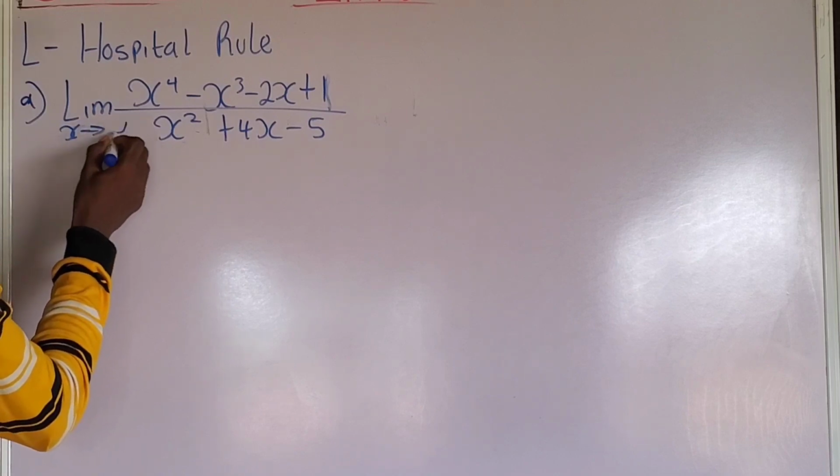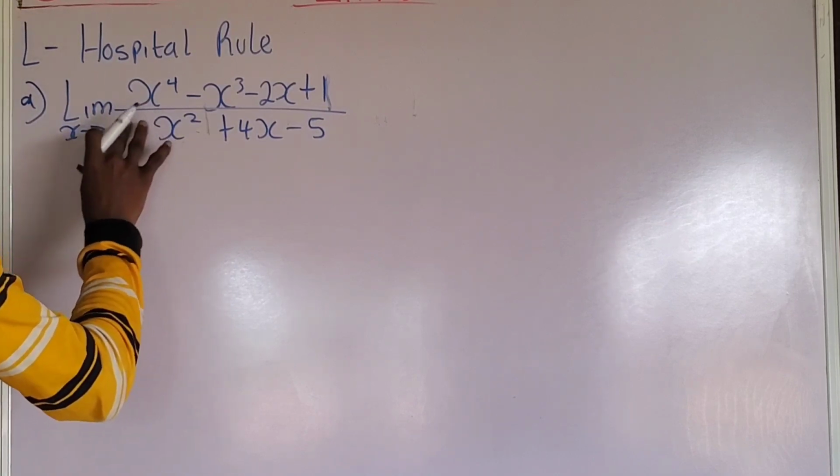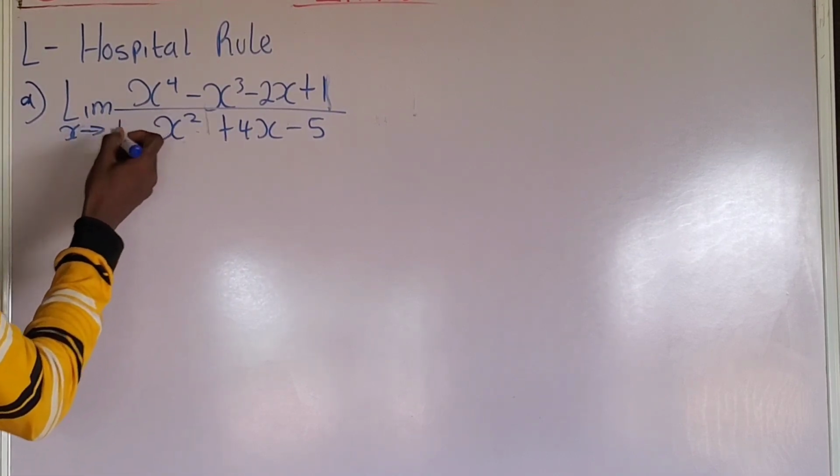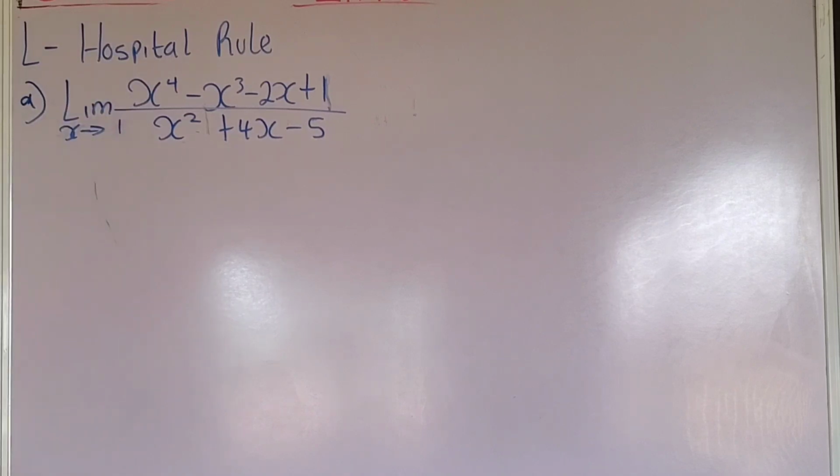Oh, sorry. Let's use as x tends to 1. The reason I don't want to put infinity in that question is that, if you want to make use of infinity, you have to manipulate the function, because infinity is not an actual value. You get what I'm trying to say? So let us use as x tends to 1.